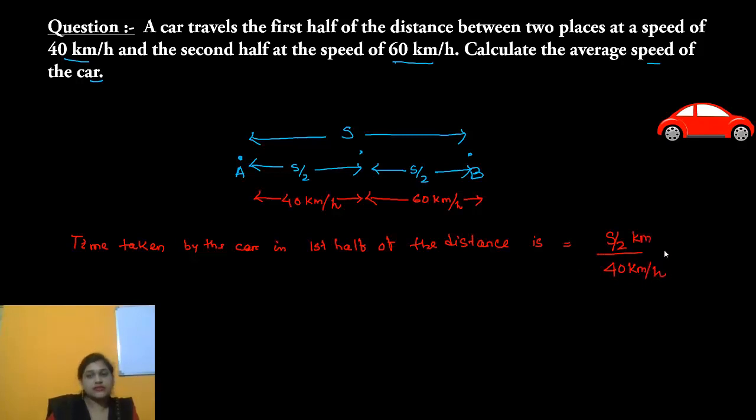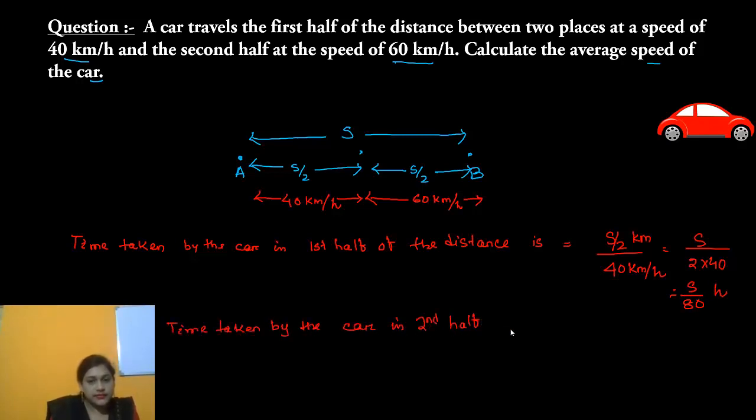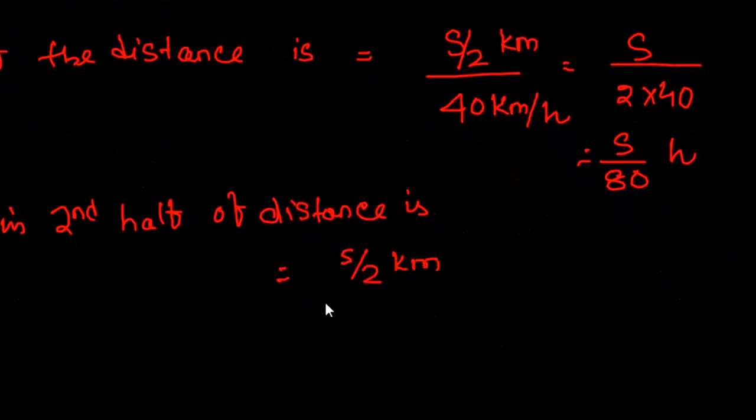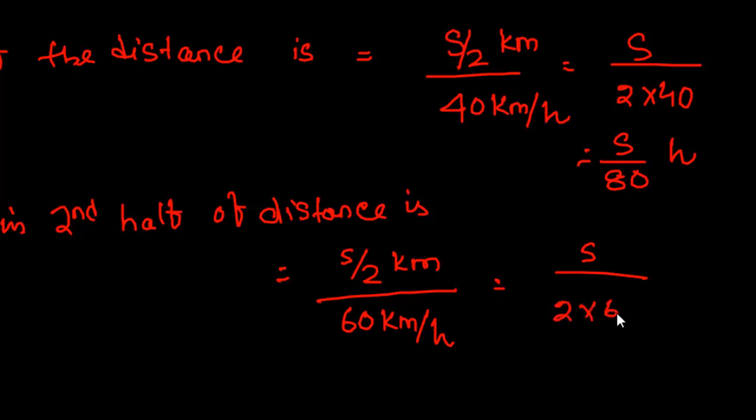Solving this, 2 into 40, it is s by 80 hour. Likewise, the time taken by the car in the second half of the distance is s by 2 km divided by 60 km per hour. Solving this, 2 into 60, this is s by 120 hour.